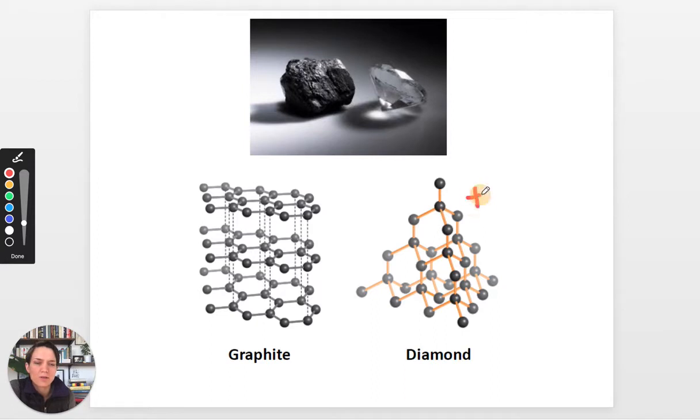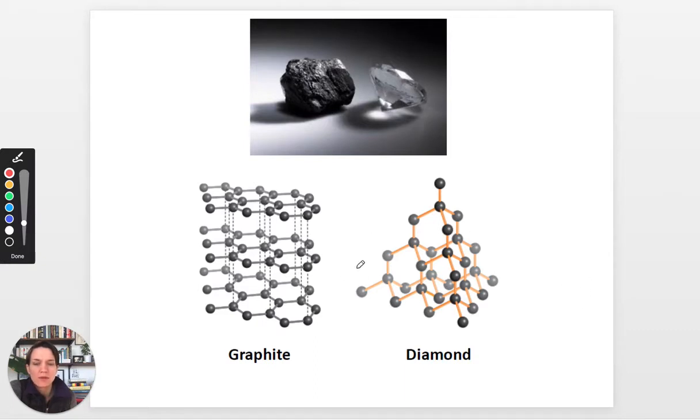So this is a word that you're going to learn in the second lecture of this chapter, but this structure right here would be tetrahedral. So that's having four atoms coming off of that central atom here. It's a really, really strong configuration.